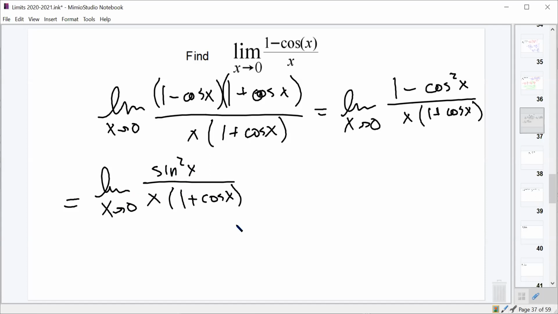We can pull the 1 plus cosine x out from the bottom. That's a good idea, but the 1 plus cosine x is not a constant because it has that variable x in it. So we can't pull that out. If it's got a variable in it at all, it cannot be removed from the limit. So it's got to stay in there.